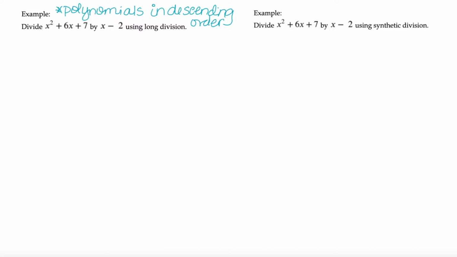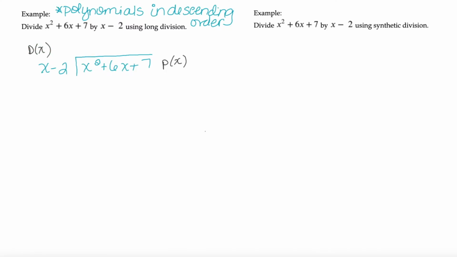I'm going to have on the inside x squared plus 6x plus 7, and on the outside x minus 2. So a little bit of vocab. We have p of x on the inside. We have d of x, the divisor, on the outside.